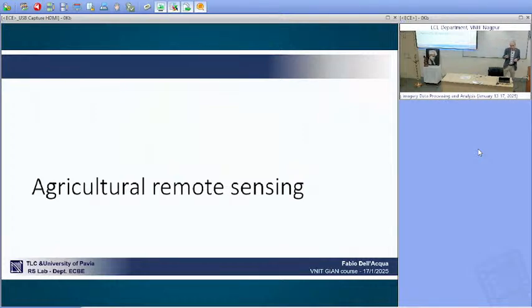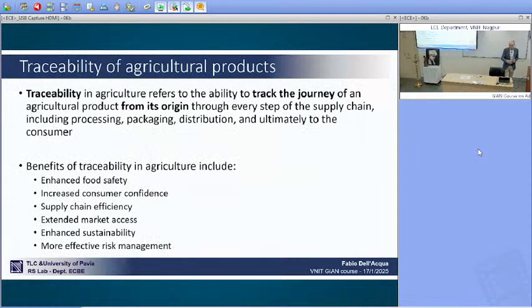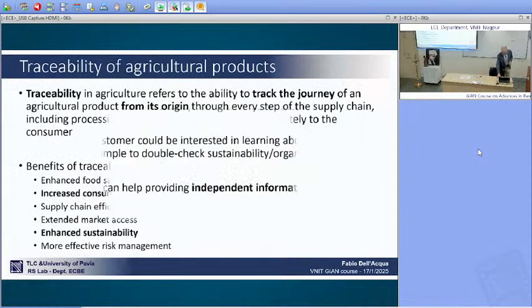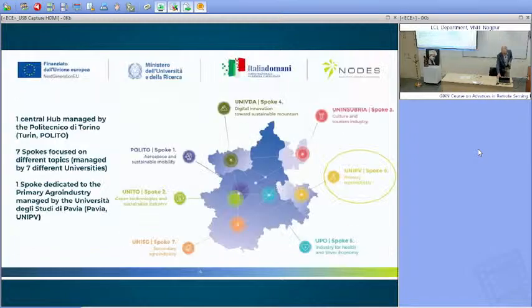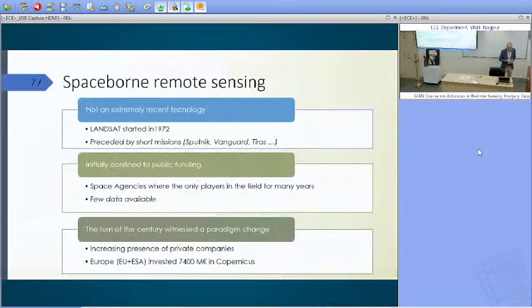And in terms of applications, I focused on agricultural remote sensing. I focused on agriculture because that's what I am currently mostly working on.